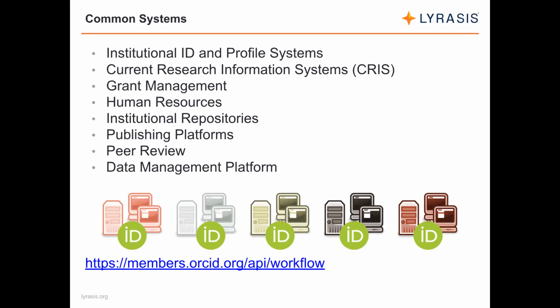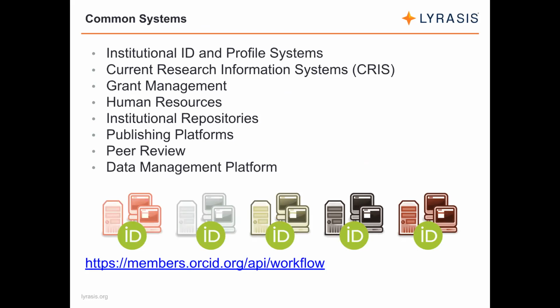And in fact, there's currently a global ORCID repositories task force working to make specific recommendations for more efficient integration with repositories. Also, publishing platforms, peer review software, ETD submission systems, and data management platforms have common workflows that could benefit from ORCID integration.